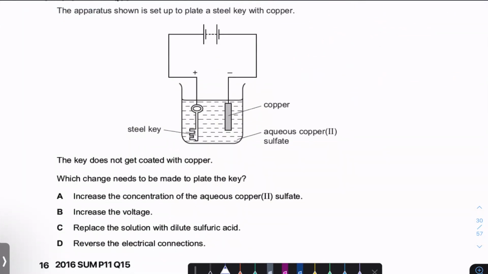The apparatus shown is set up to plate a steel key with copper. Okay.